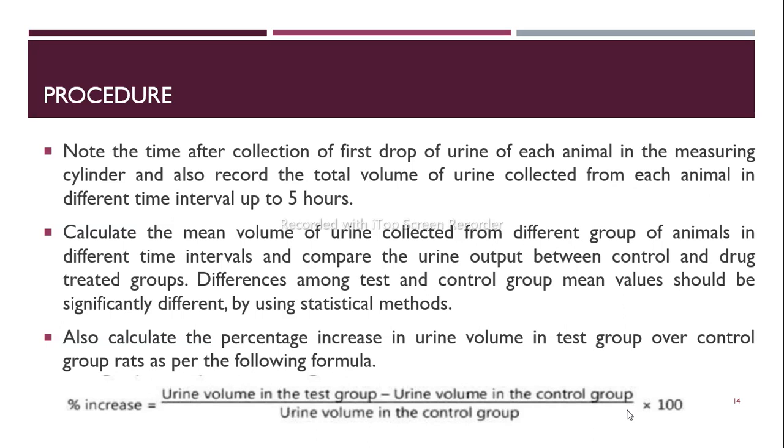Then we have to calculate the mean volume of urine collected from the different groups of animals at different time intervals, and compare the urine output between the control and the drug-treated groups. The differences between the test and control group mean values should be significant by statistical methods.